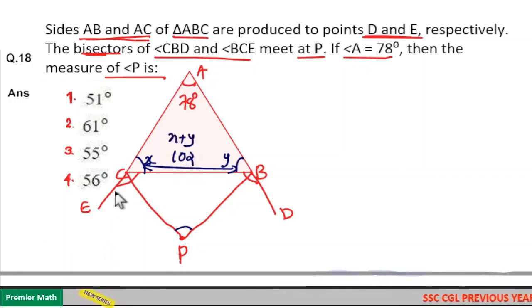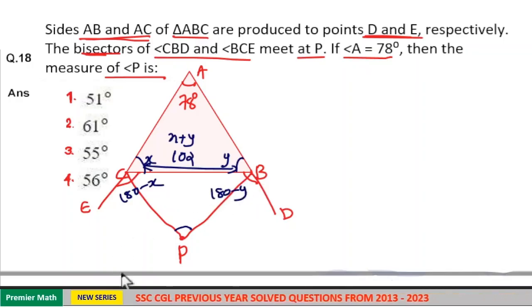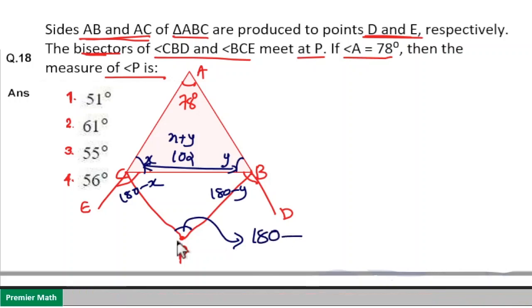If this angle is x, then this whole angle is 180 minus x, and this whole angle is 180 minus y. Now, if you consider this lower triangle, angle P is equal to 180 minus the sum of the other two angles.